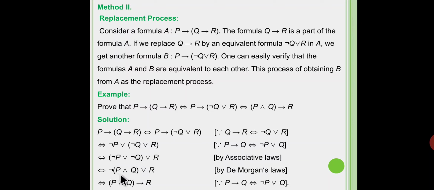So we get negation of (P and Q) or R. This is of the form negation P or R, which is P implication R. So in place of P we have P and Q: (P and Q) implication R. This is the RHS of the given relation. So we considered the LHS and showed the RHS. Finally, P implication (Q implication R) is equivalent to (P and Q) implication R.